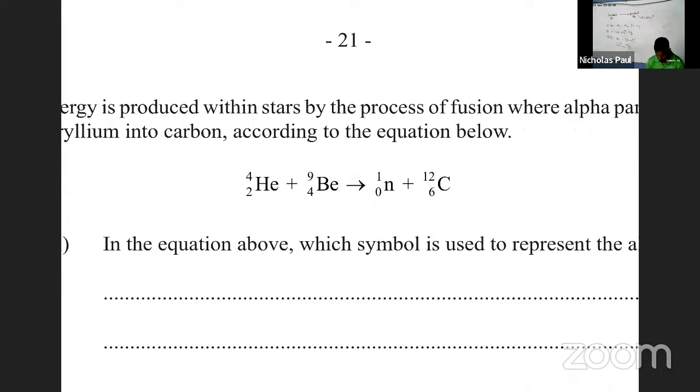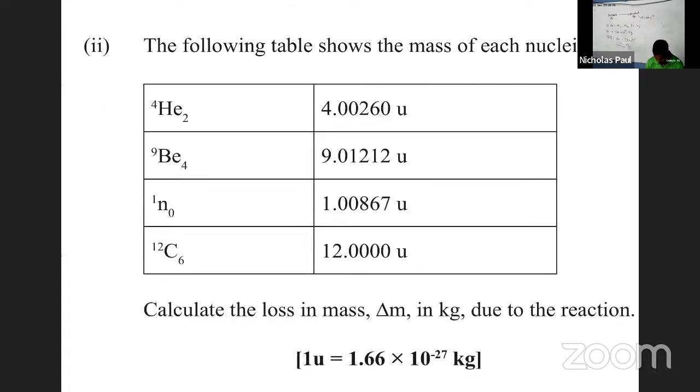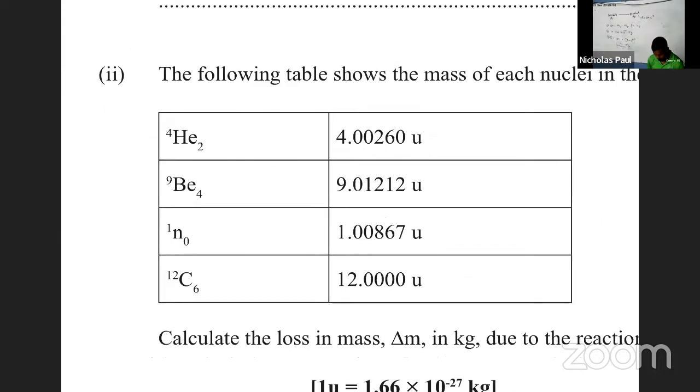The question is to find the energy. The first part is to find the change in mass in kilograms. The second part is to find the energy.